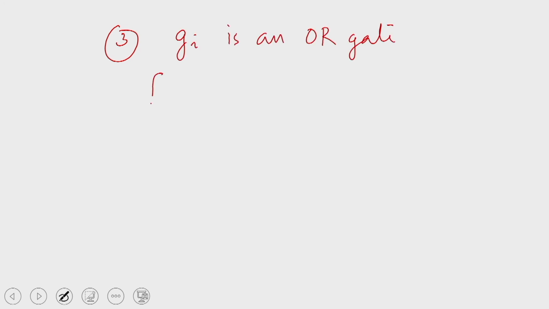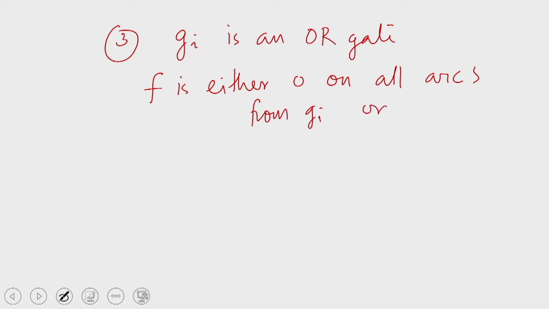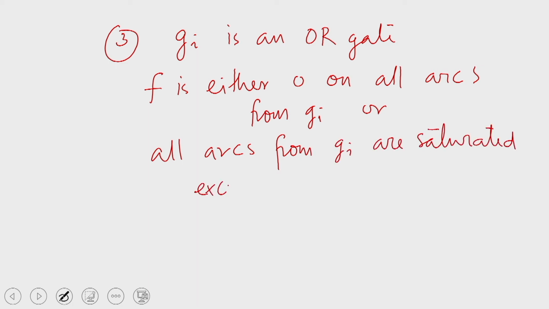Finally, in the third case, when Gi is an OR gate, we see that f is either 0 on all arcs from Gi, that is when Gi evaluates to 0, or all arcs from Gi are saturated, as we saw earlier, except possibly ik.